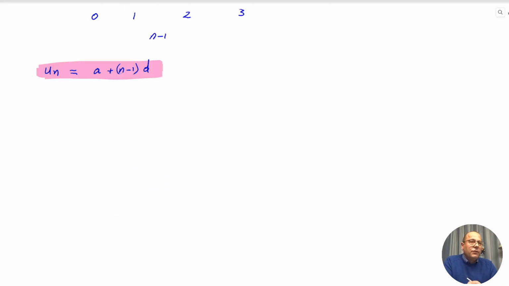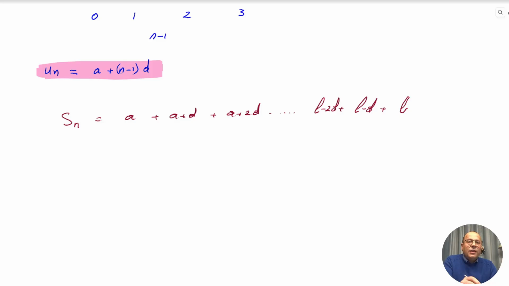Let's find the sum of the first n terms of an arithmetic progression. Sn is equal to the first term a, plus a plus d, plus a plus 2d, and so on until the last term. The terms prior to the last term are l minus d and l minus 2d.